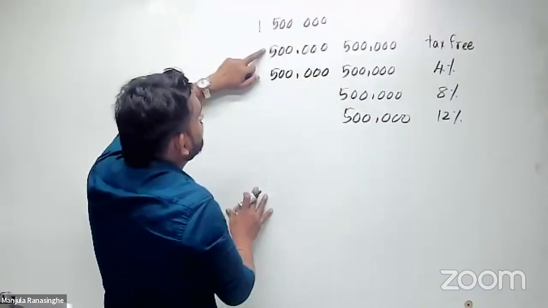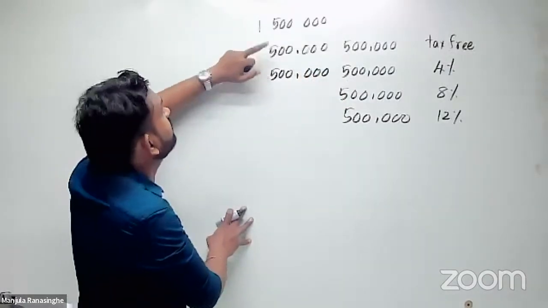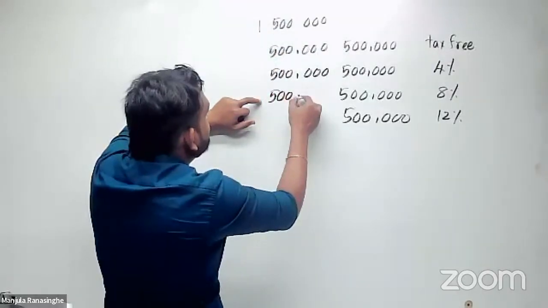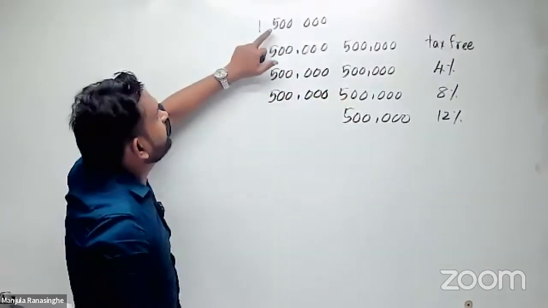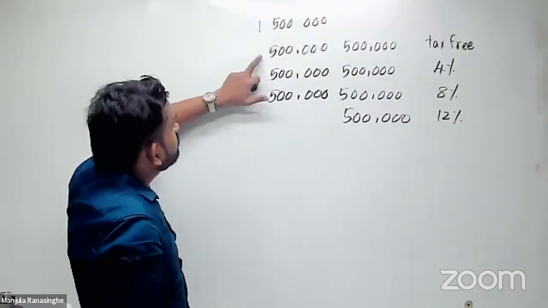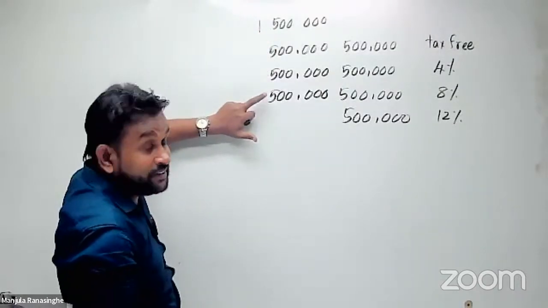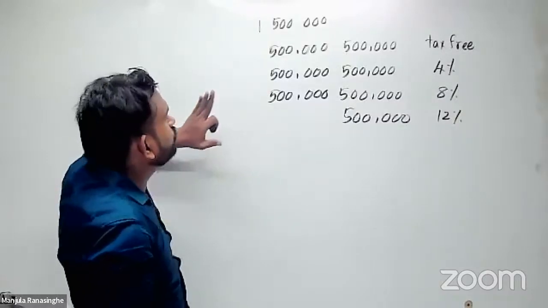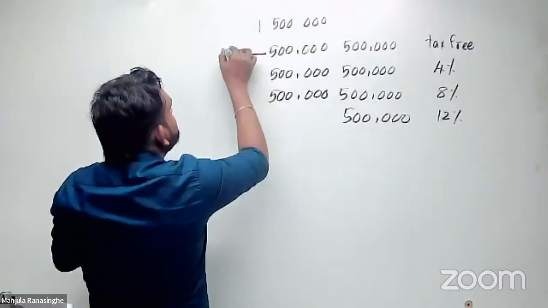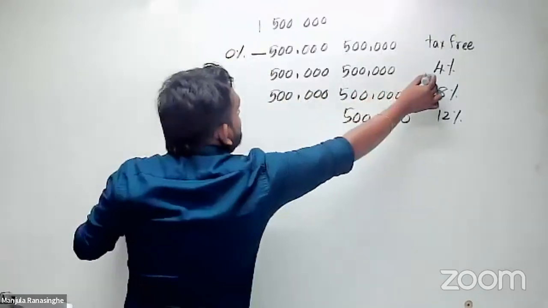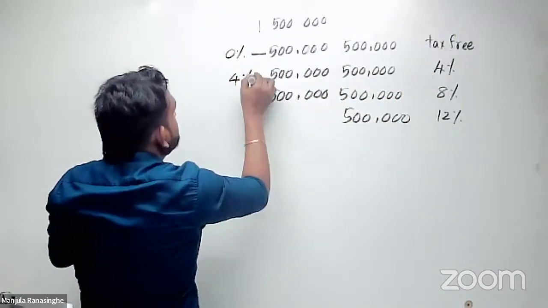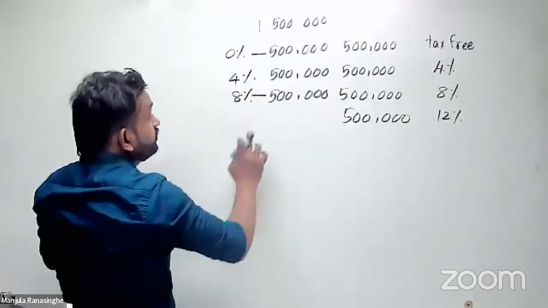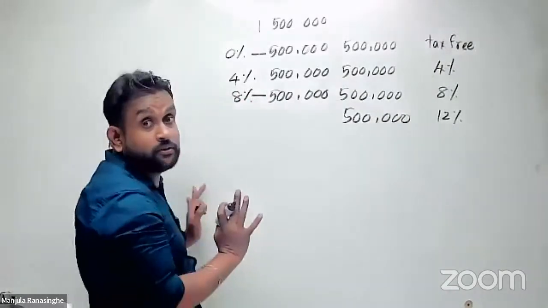Now check the total: 500, 500, 1 million. But now again, we have another 500,000. So exactly it's set. Imagine here 1,800,000. So here 1,500,000. Another 300,000 goes to the next region. Now you know that for this one, that is 0%, tax free. For this 500,000, 4%. And for this 800,000, 8%. This 500,000, 8%. That's how we calculate it.